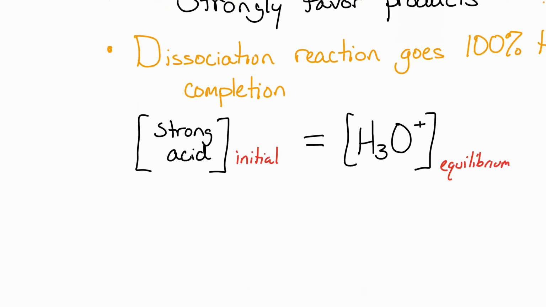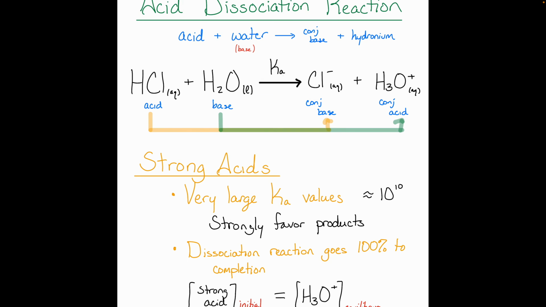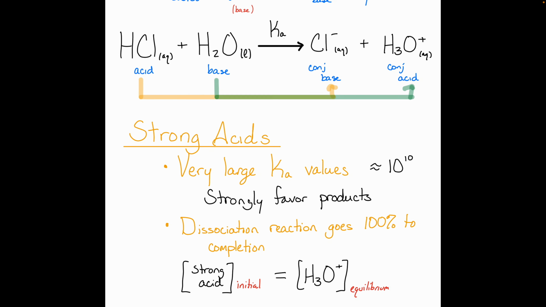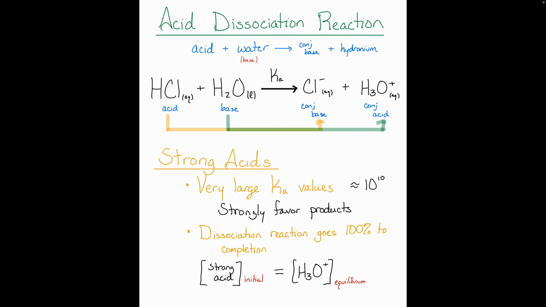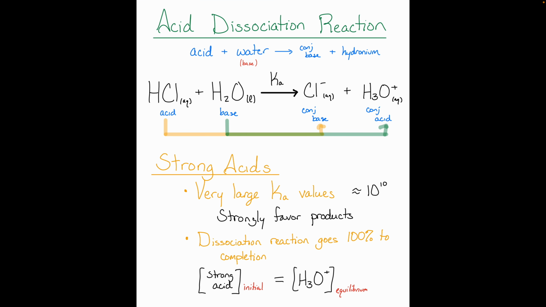All right, so we're going to talk a lot about acids, and we're going to talk a lot about what the pH of a solution of those acids is. We're talking about this acid dissociation reaction here, where we're adding acid to water to form the conjugate base and the hydronium ion.